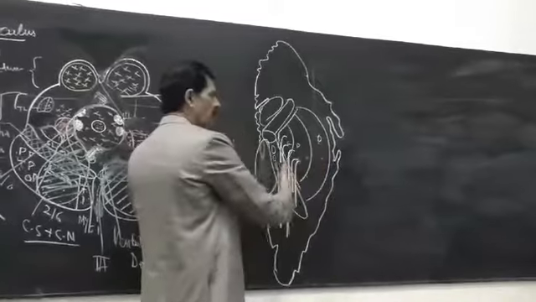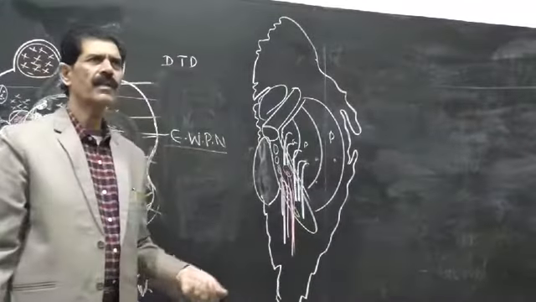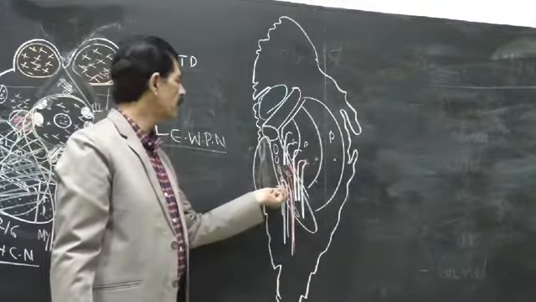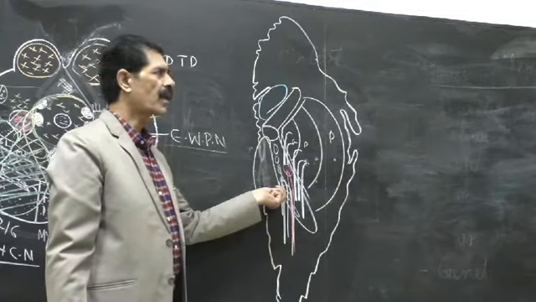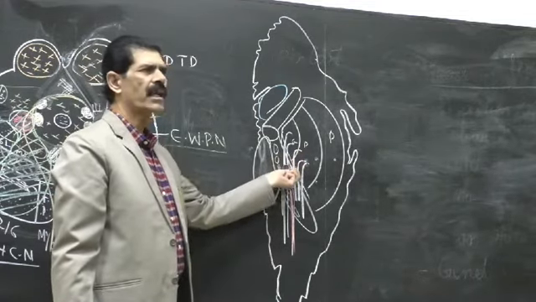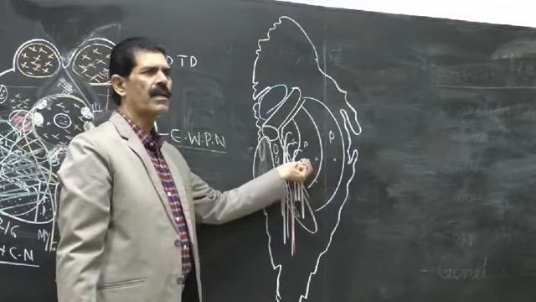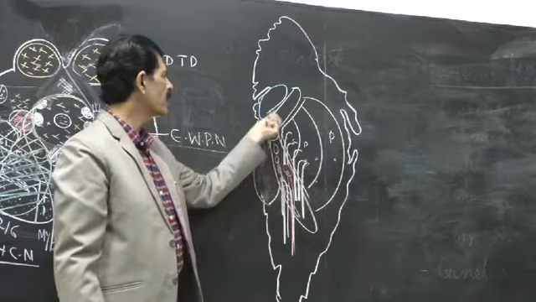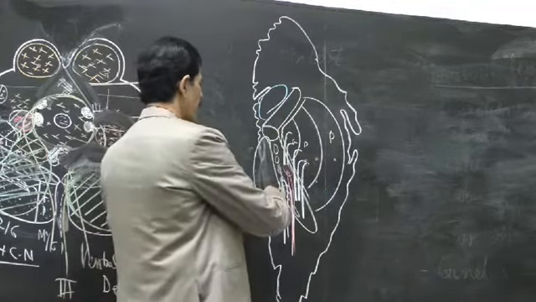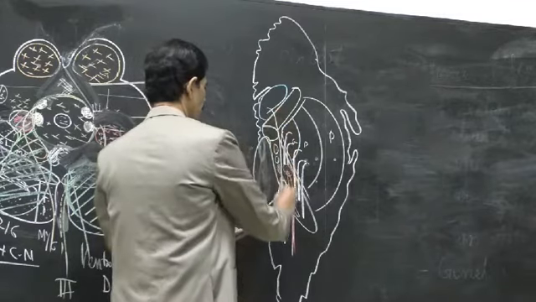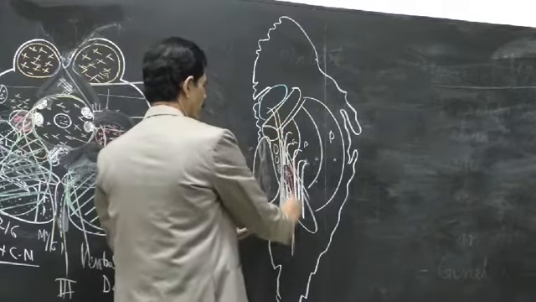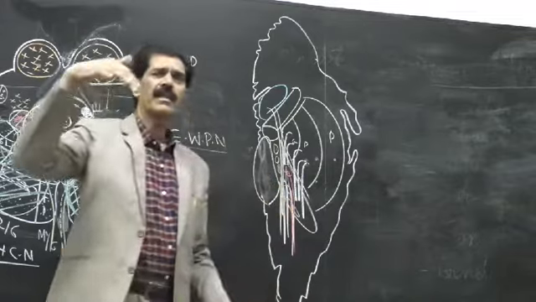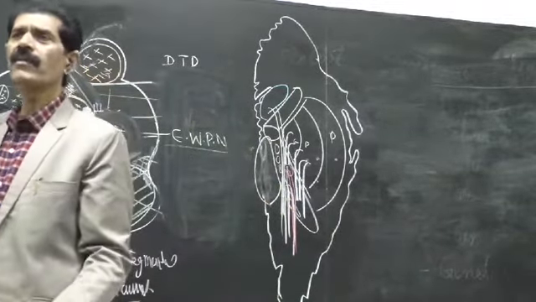Because of the anatomical closeness of the lentiform nucleus to the posterior limb of the internal capsule, the axons arising from the putamen and the caudate nucleus, and this is the caudate nucleus, also accompany the descending rubrospinal and corticospinal fibers.